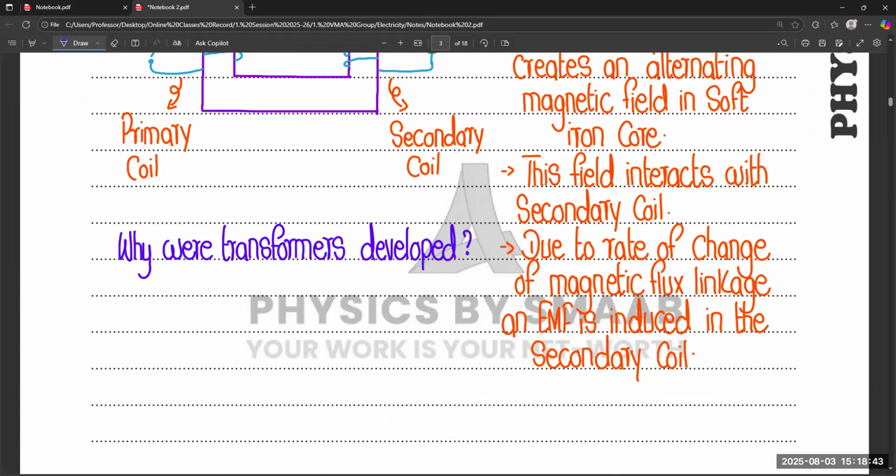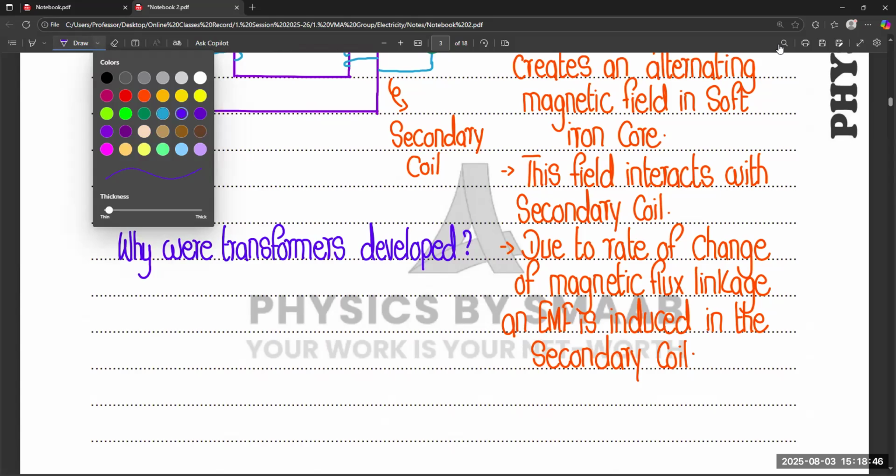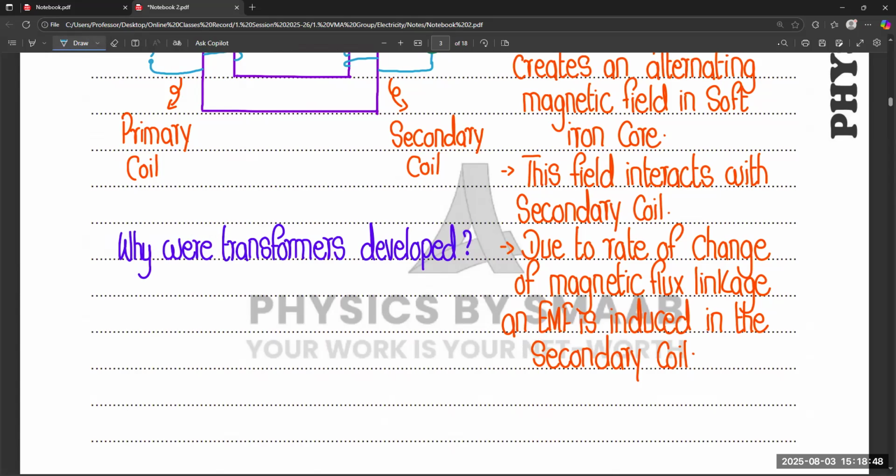So basically, the answer is very simple: to reduce power loss.